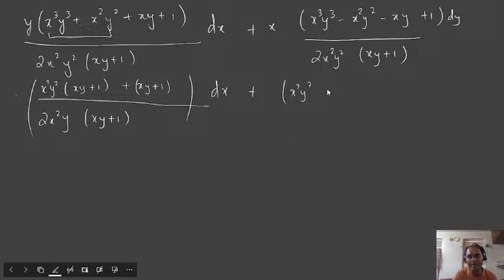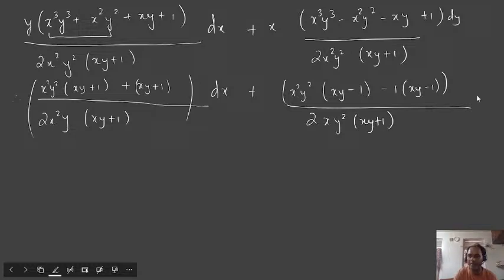X square y square remains there, and then I have xy minus 1 into the picture, minus of 1 taken common, (xy minus 1), and then x is gone reduced, so 2xy square (xy plus 1) dy, all this is equals to 0, right?